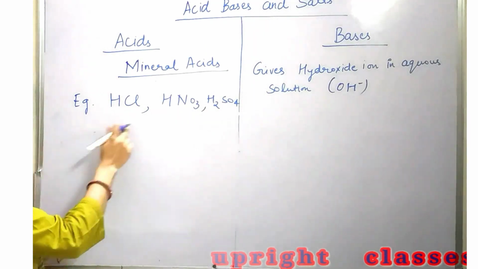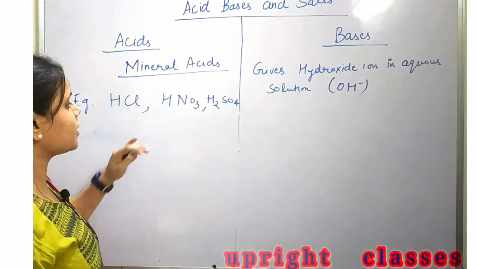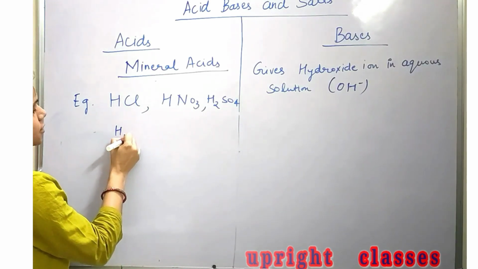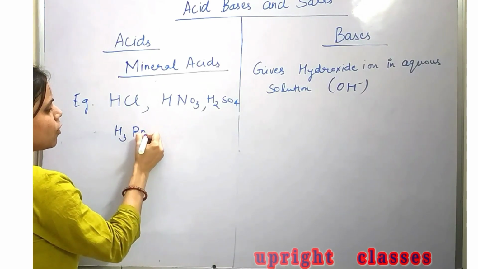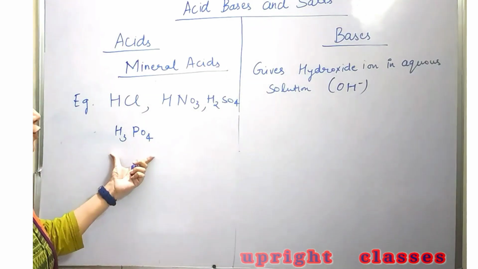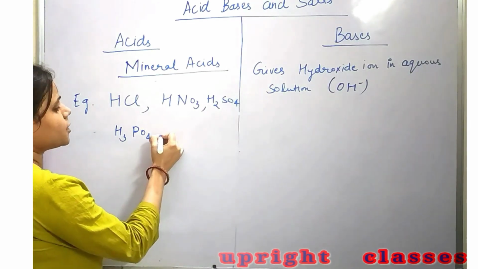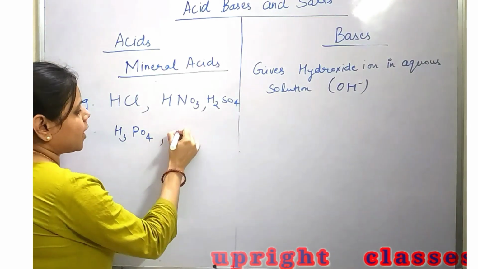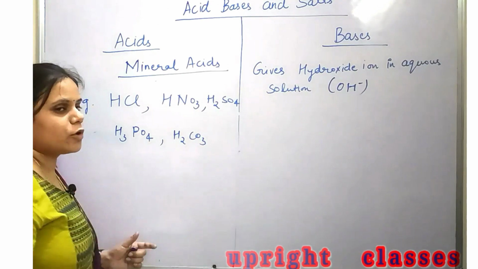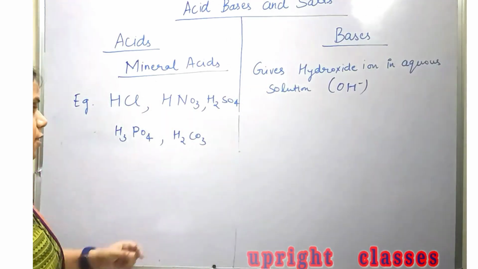One more mineral acid is H3PO4, phosphoric acid. H2CO3, carbonic acid, is also a mineral acid.